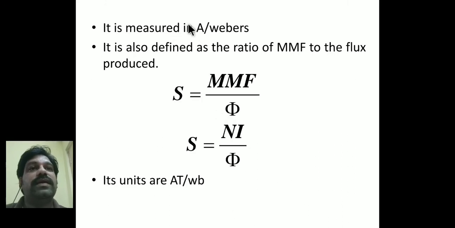This unit comes from the other definition: reluctance is the ratio of mmf to the flux produced. So reluctance can also be defined as mmf by flux. The formula for mmf is N into I, so S is N I by phi. The unit of N I is ampere turns and the unit of flux is Weber. Therefore, the unit of reluctance is ampere turn per Weber.